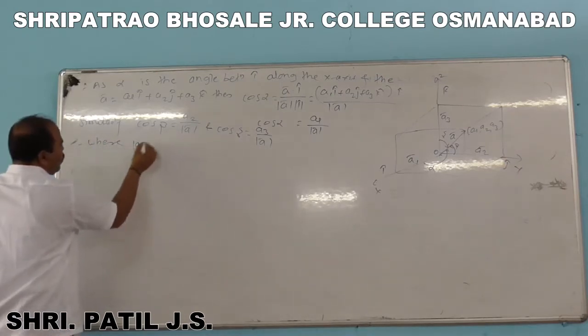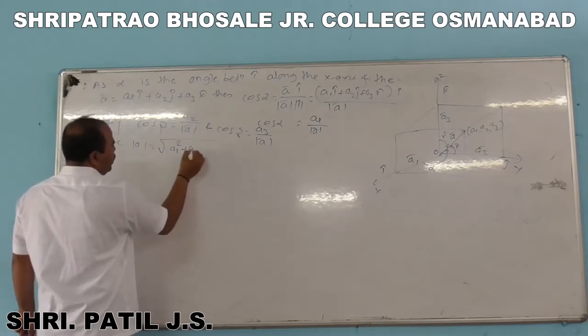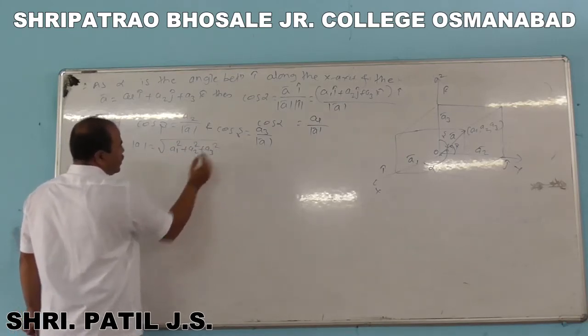Where this mod of A bar means square root of A1 square plus A2 square plus A3 square.